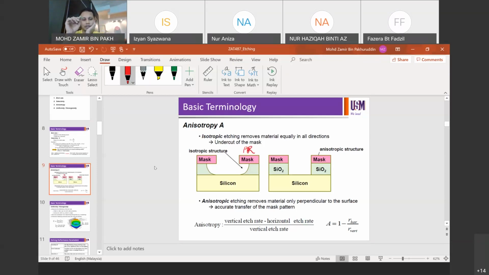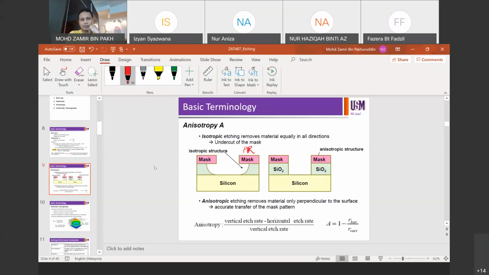Assuming after that, your underlying layer under the mask is not yet etched, and then you have silicon. Now if you put it in an isotropic etchant, it will etch equally in all directions with equal etch rate. So this is how it's going to look after the etching process.